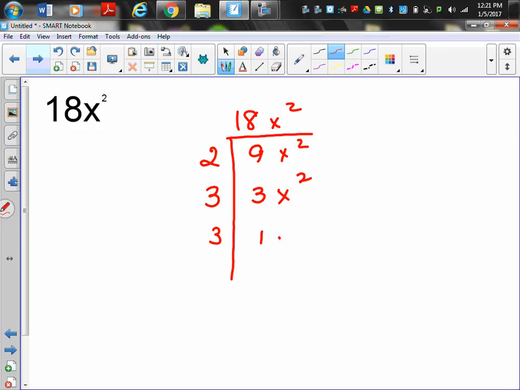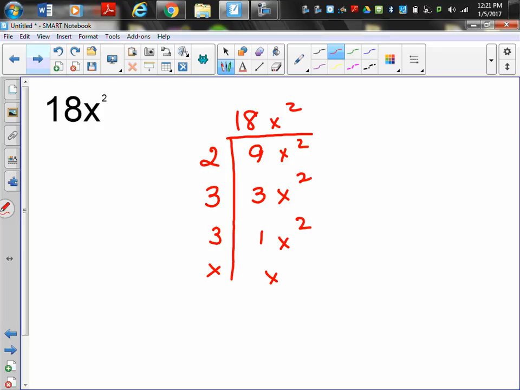Now, I still have an x squared. How do I get x squared? Not by 1, but by x. So I know that x times x gives me x squared.